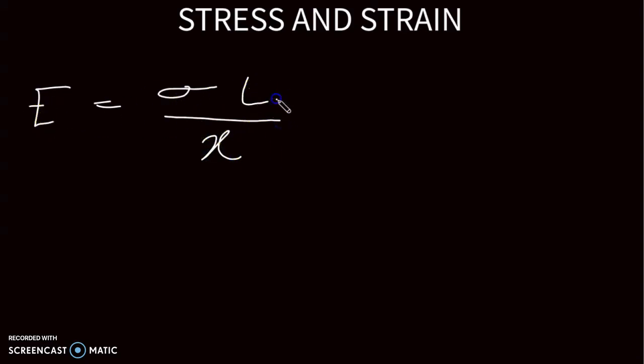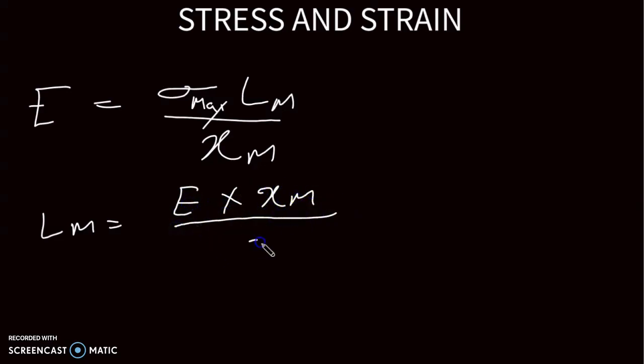We're dealing with m, so we're looking for xm, lm. We have this and we have this. This will be our maximum stress, which we are given. So from here, we're going to make this the subject of the formula, and it is Young's modulus times xm divided by the stress, which will be the maximum stress.